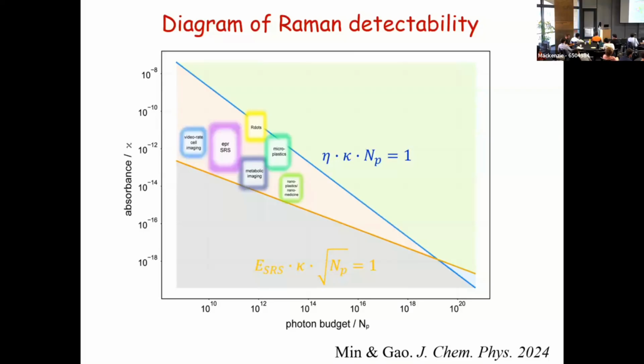You can see here the two lines cross each other, meaning the sensitivity comparison is a case-by-case scenario. Here I want to highlight the area that is above the orange line and below the blue line. That's essentially the case when you will have SRS microscopy more sensitive than spontaneous Raman spectroscopy.